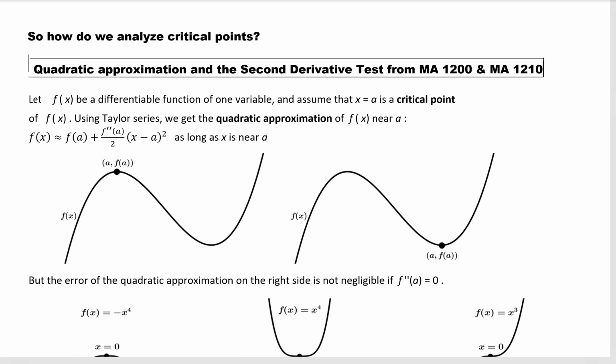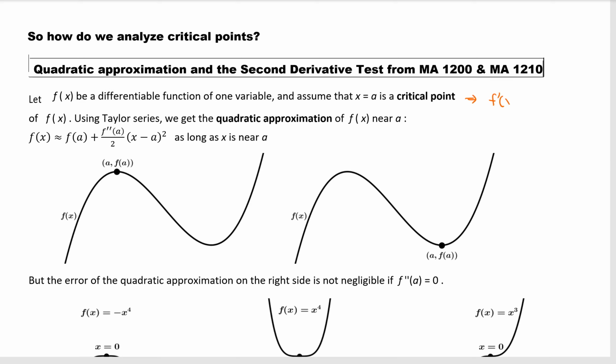Let f be a differentiable function of one variable. Assume that x equals a is a critical point. Because it's a critical point and f is differentiable, the derivative at a must be 0.